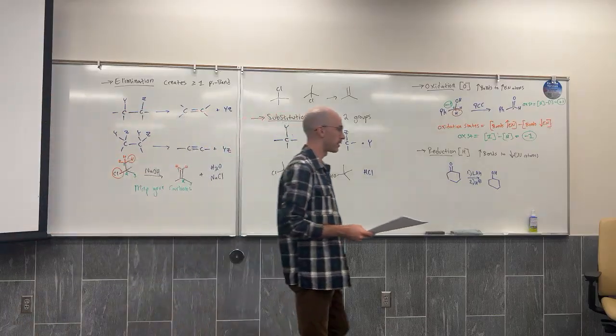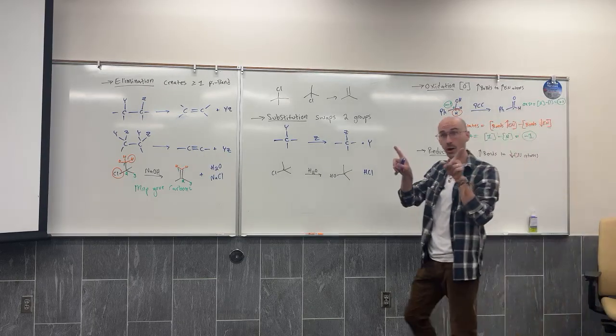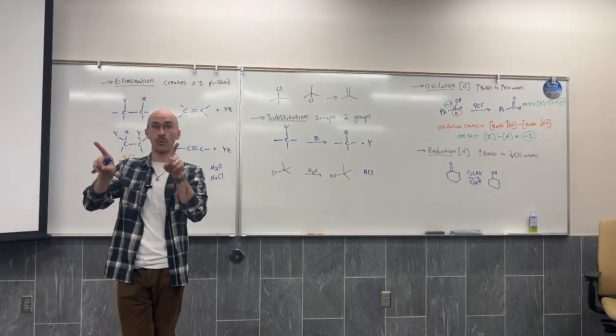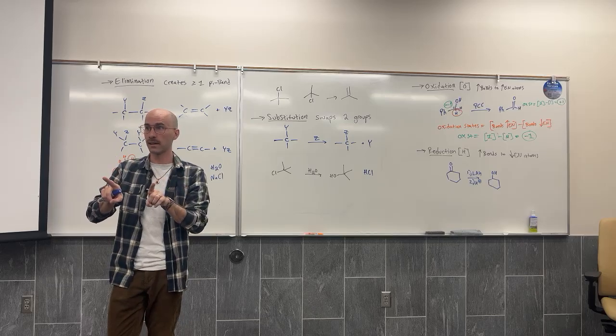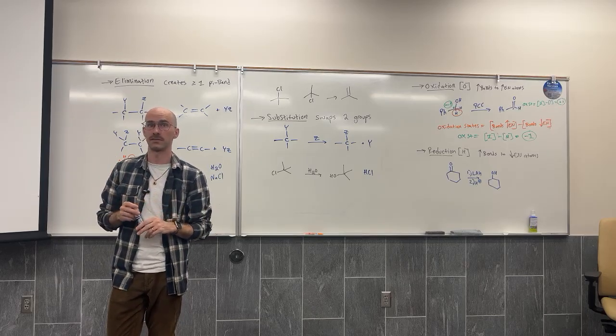Some of the other reduction reactions. At the top, when we had that addition reaction, we added 2 hydrogens across an alkyne. We reduced the alkyne to an alkene by increasing bonds to less electronegative atoms.